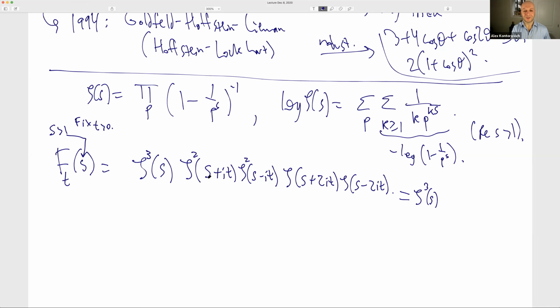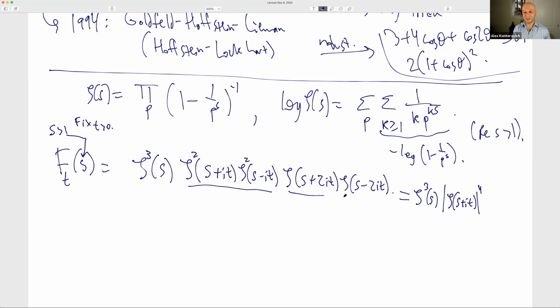What is this? Isn't this just the norm of zeta of s plus it to the fourth? Right? This is the complex conjugate. So zeta times zeta bar is norm zeta squared, and there's two of them, so there's norm zeta to the fourth.